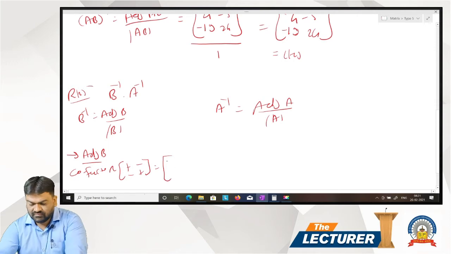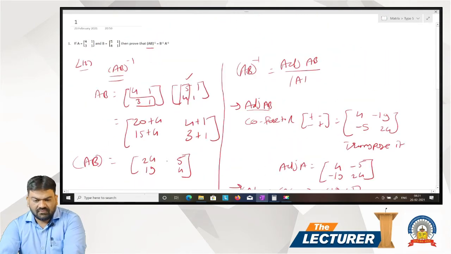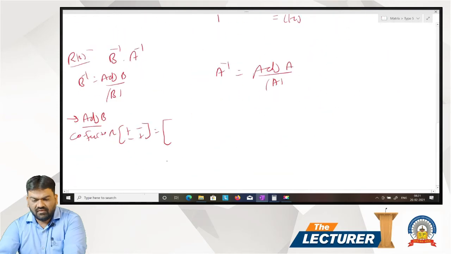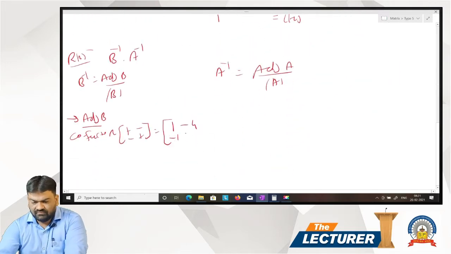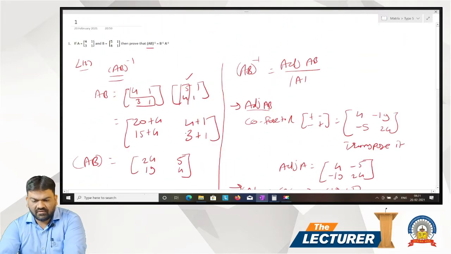B na cofactor: 5 na cofactor 1, 1 na cofactor 4 minus, 4 na cofactor minus 1, and 1 na cofactor 5.